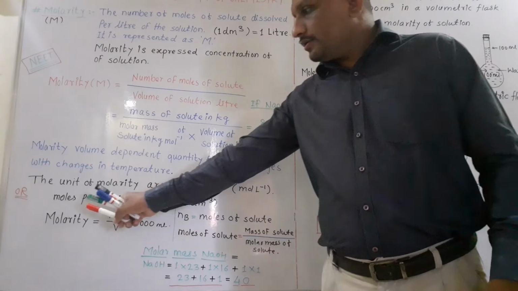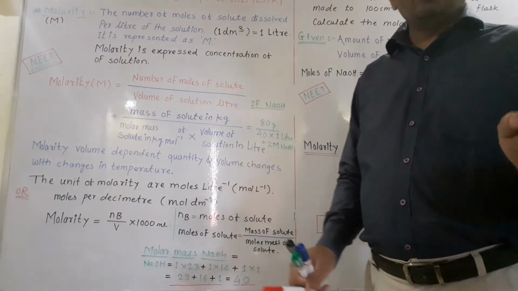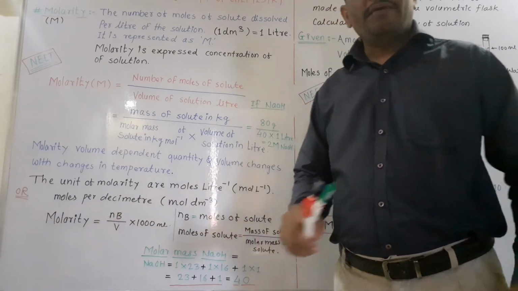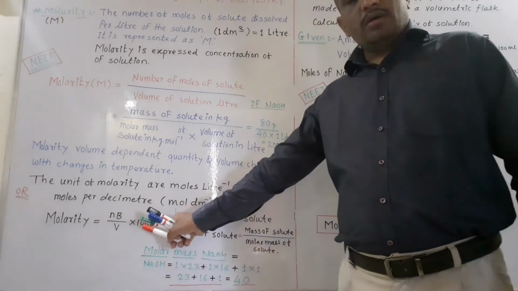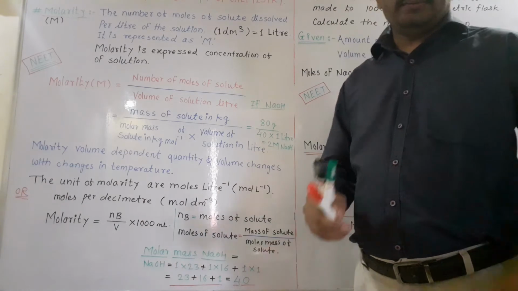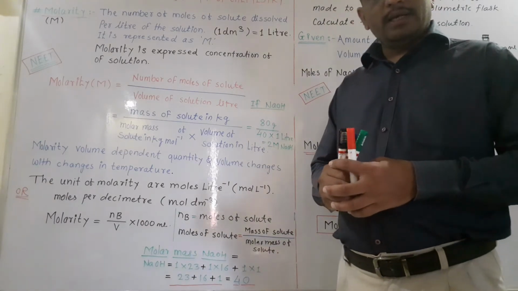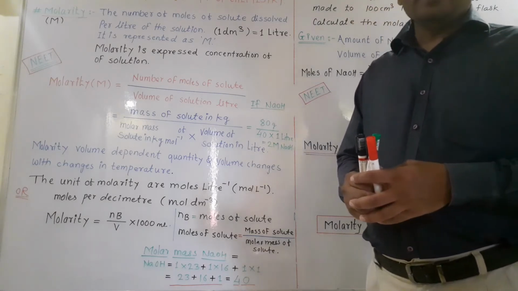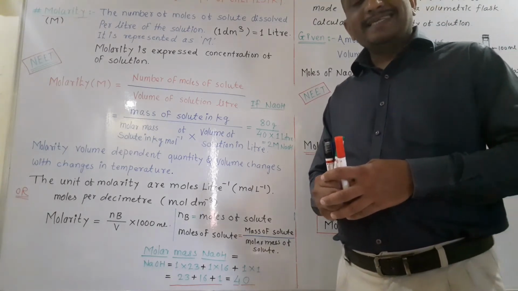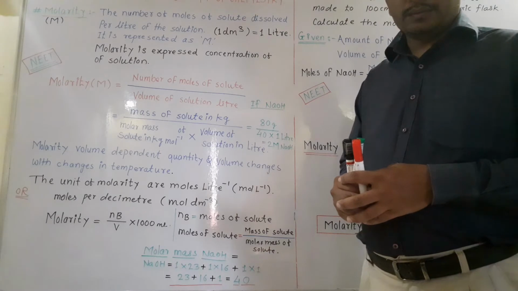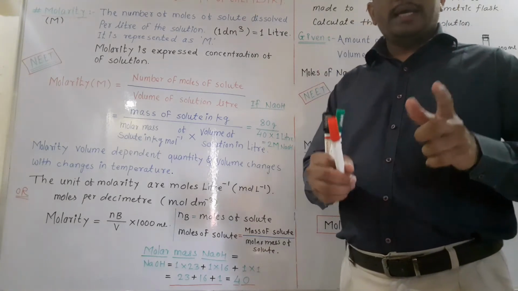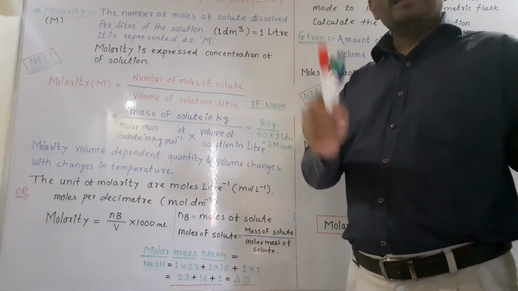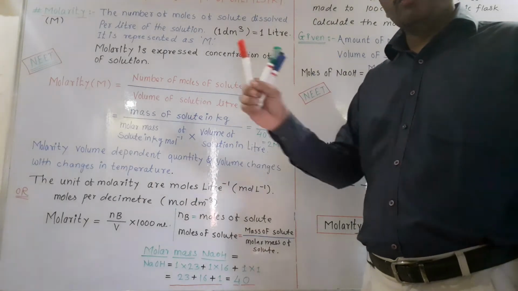Now in short, molarity is equal to nB divided by V into 1000 ml. 1000 ml is equal to 1 liter, and 1 liter is equal to 1 decimeter cube.